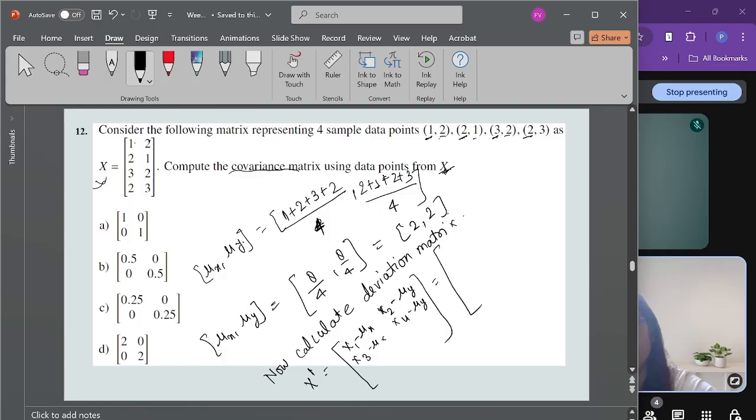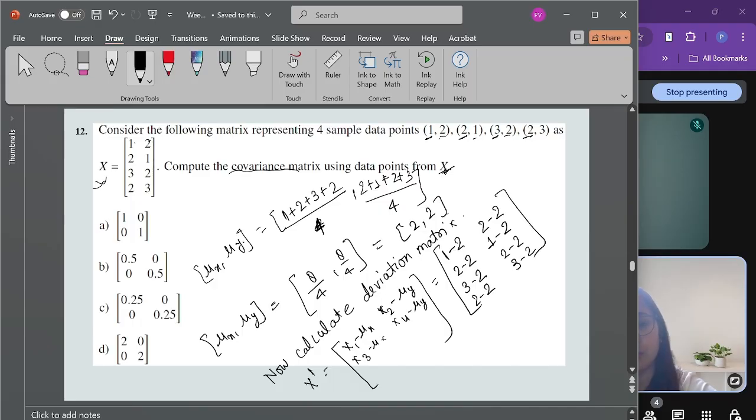So the first value is 1, so 1 minus 2. Similarly here it is 2, so 2 minus 2, because the mean vector is 2. Here again 2 minus 2, 1 minus 2, 3 minus 2, 2 minus 2, and 2 minus 2, 3 minus 2.